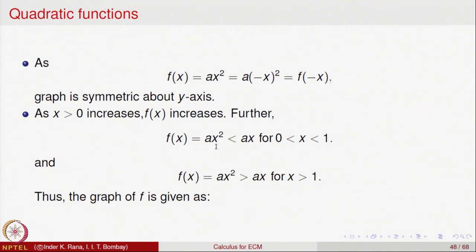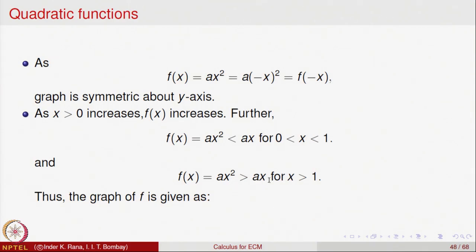So the graph between 0 and 1 will lie below the line y equal to a x, and then it will grow faster, with a x square bigger than a x. So it will take over the graph of a x for x bigger than 1.